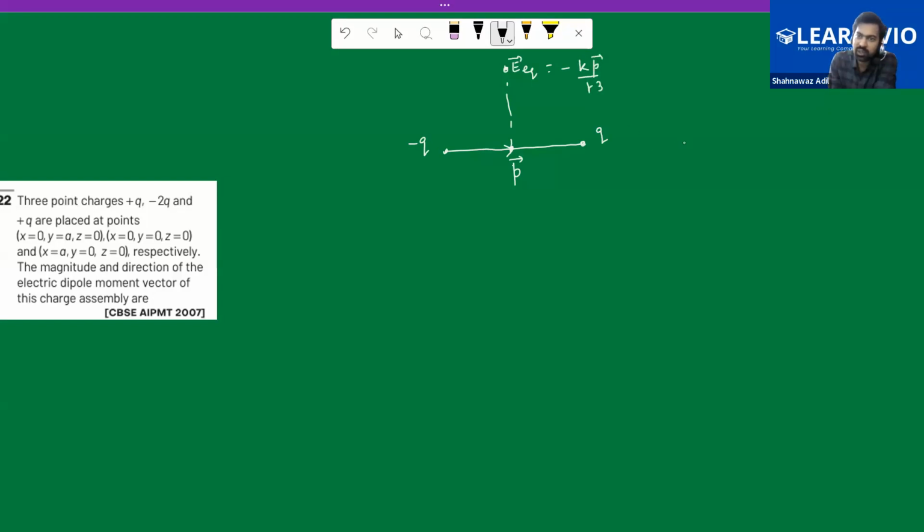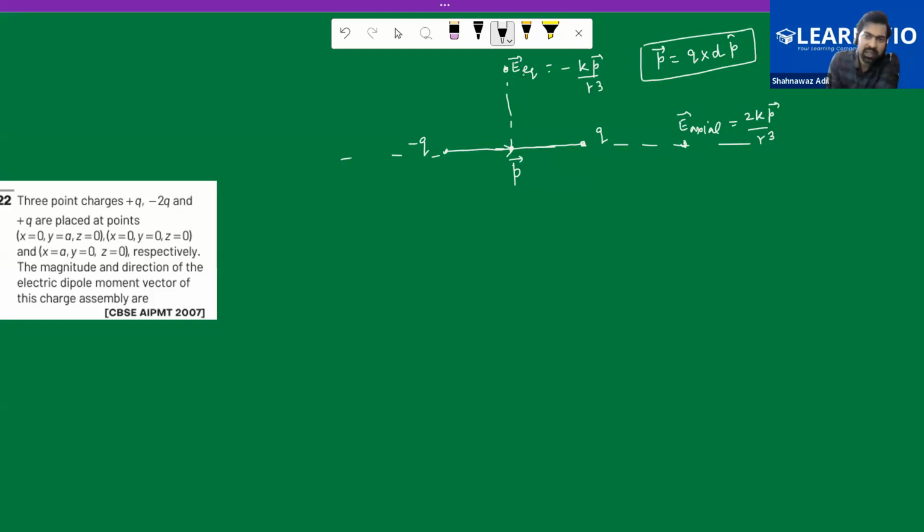If I want to find the electric field at the axial point, E axial is 2kp by r cubed. And you know that p is the dipole moment, equal to the charge times the separation. Let's say the separation is d, then p hat. So this is the dipole.